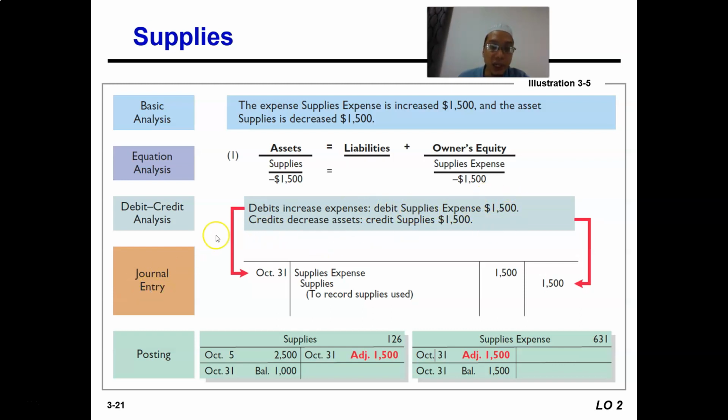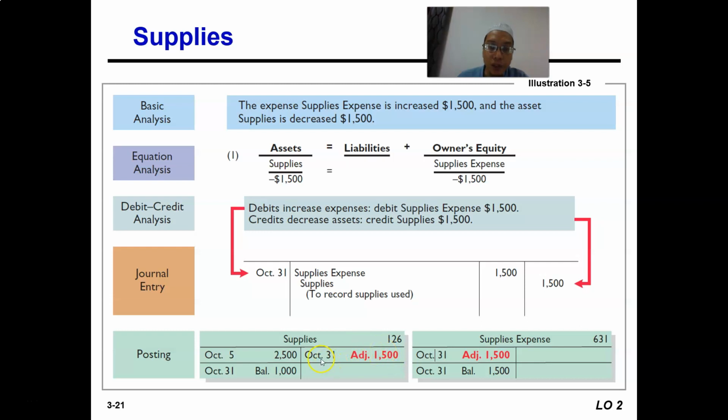So this is the journal entry. After we do the debit credit analysis, we do the journal entry. On October 31st, we debit supplies expense 1,500 and we credit supplies 1,500. And then from this journal entry, we post to the accounts. So this is the supplies account. On October 5, we already have 2,500 when we purchased the supplies. But then on October 31st, we do the adjustment that comes from here, credit supplies 1,500.